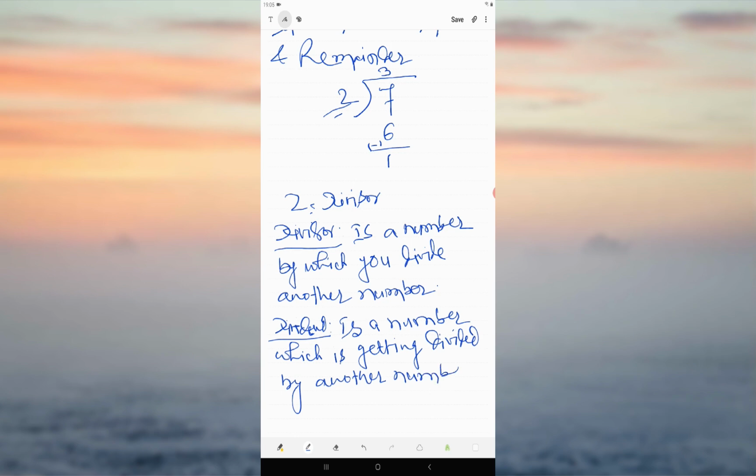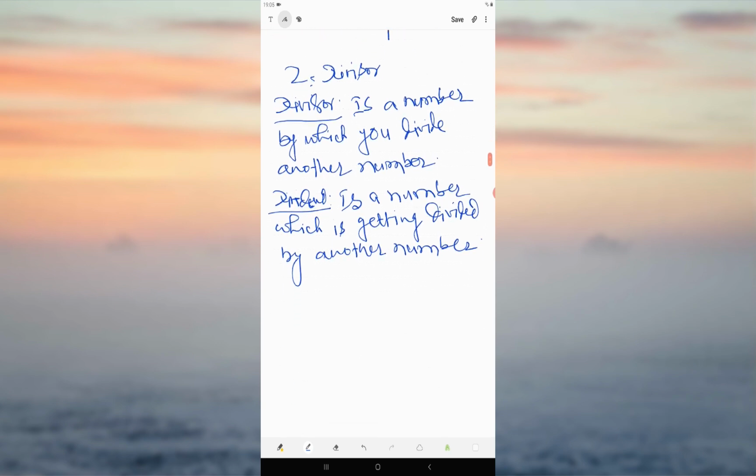Correct? For example, 7 over here is the dividend. So the dividend is a number which is getting divided by another number.